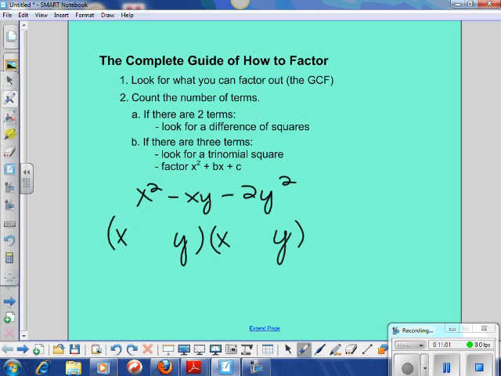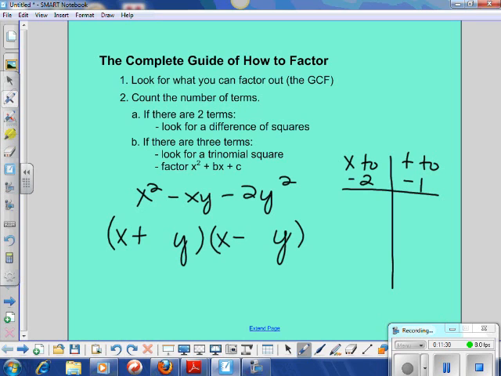Well, I know it's negative, so you can get negative by adding two negatives, or adding a positive and a negative, with the negative value being higher. But I also need it to multiply to a negative, and the only way to multiply to a negative is a positive times a negative. So now let's go back to our chart. I'm looking for two numbers that multiply to negative 2 and add to negative 1.